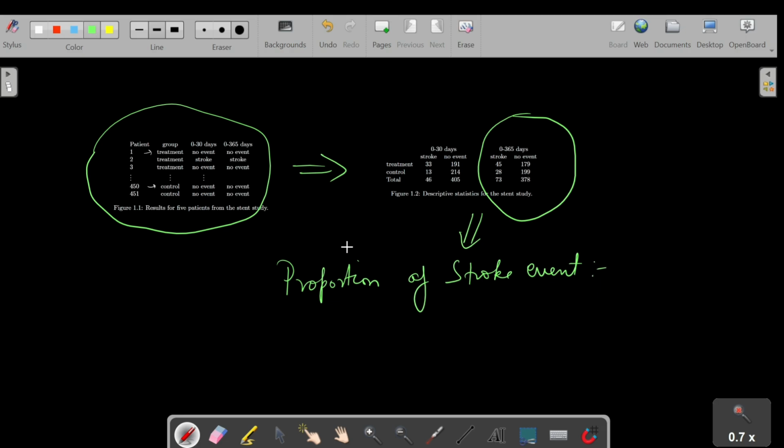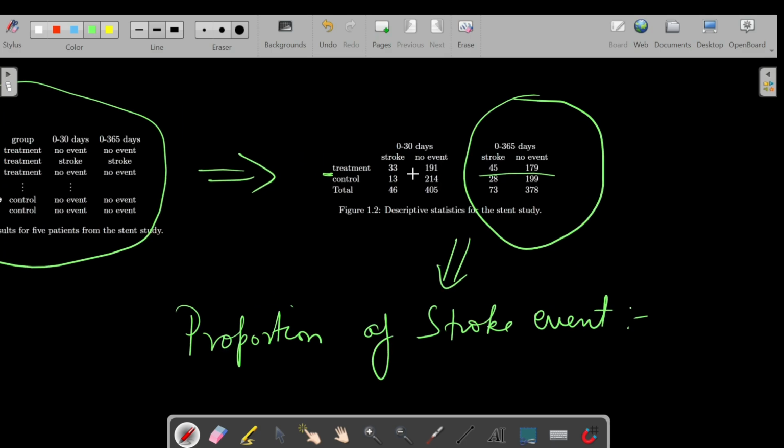So if we zoom in, we can see that in the treatment group, the proportion of stroke events is 45 divided by 45 plus 179, and in the control group, the proportion of stroke events is 28 divided by 28 plus 199.